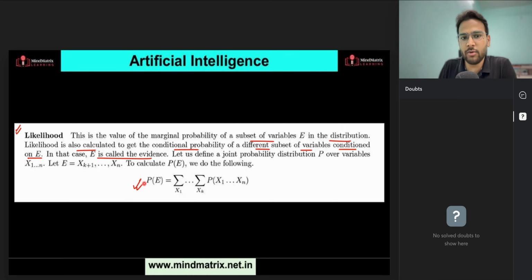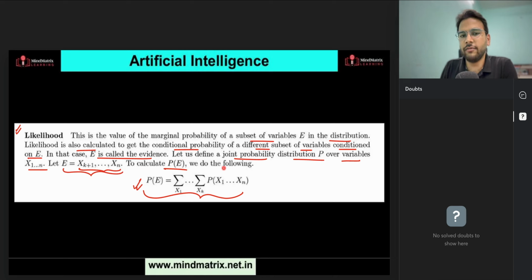So here also they have calculated this only. Let us define a joint probability distribution P over variables from 1 to n. These slides I'm showing you are not important. It is just to get an idea of what we are trying to follow; in some time it will all make sense. So E is all the random variables from x_k1 up to x_n.